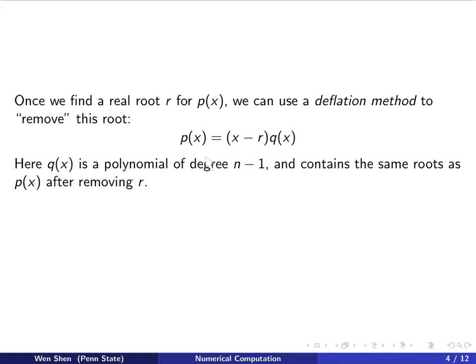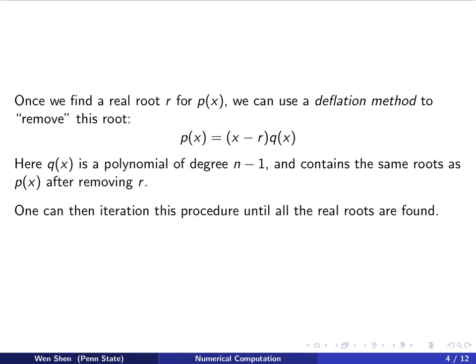Then you can write p as x minus r multiplied by q of x, where q of x is also a polynomial, but of degree n minus 1, that is 1 less than p. And furthermore, q of x should contain exactly the same roots as p after removing r. And then one can iterate this procedure, finding a root for q and deflating it until all the real roots are found.